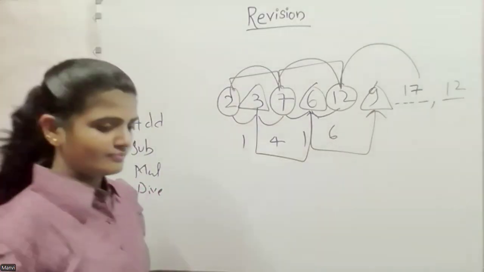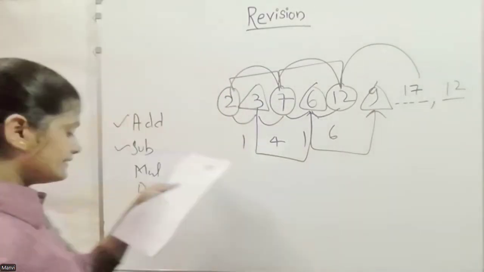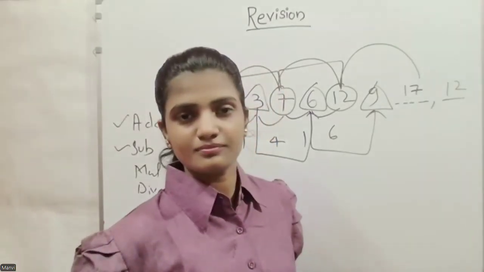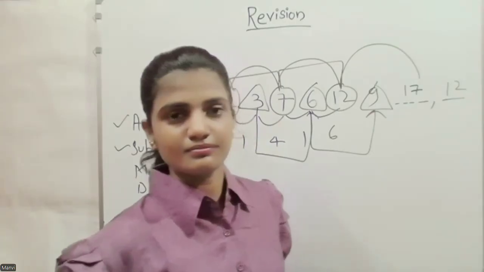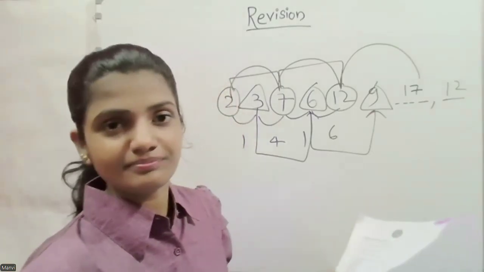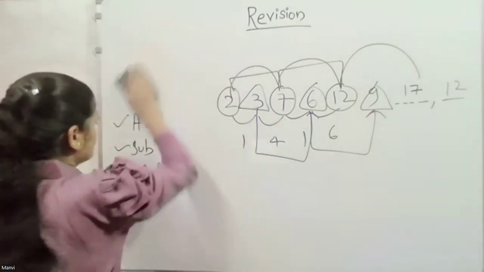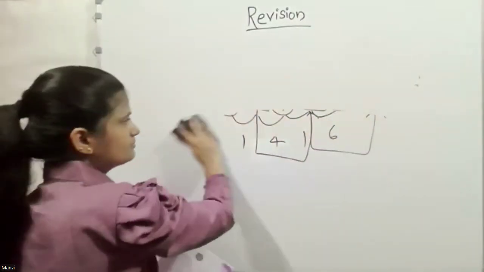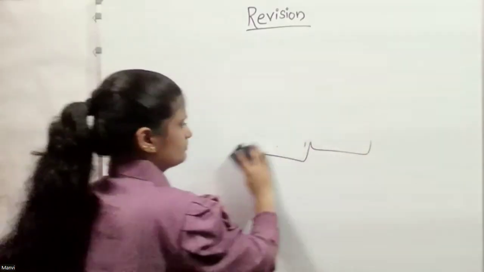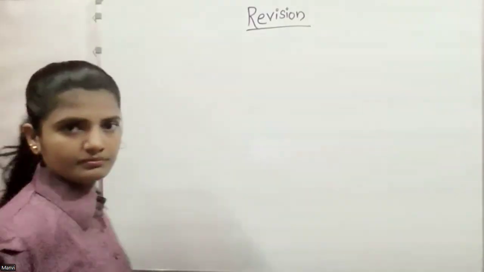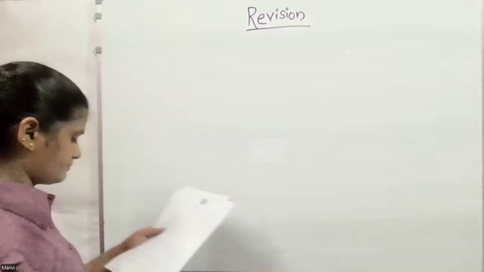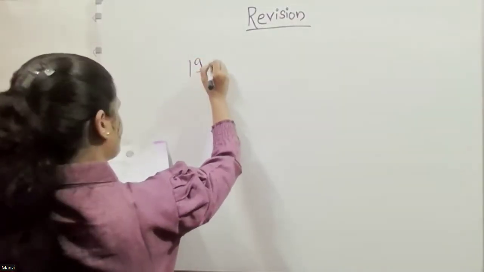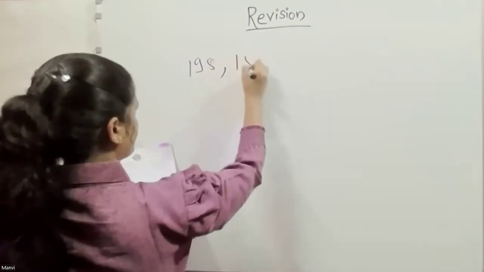Okay. Now please try question number 12. Find the next number in the sequence below. The sequence is this: 198, then I understand this.